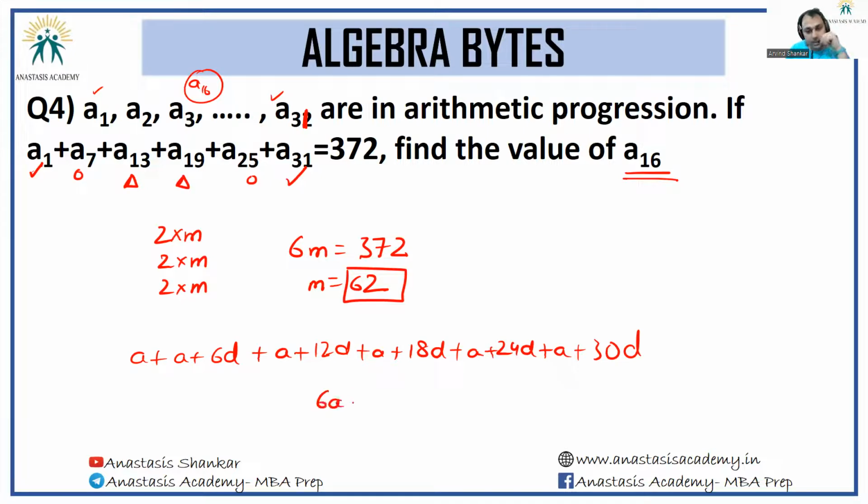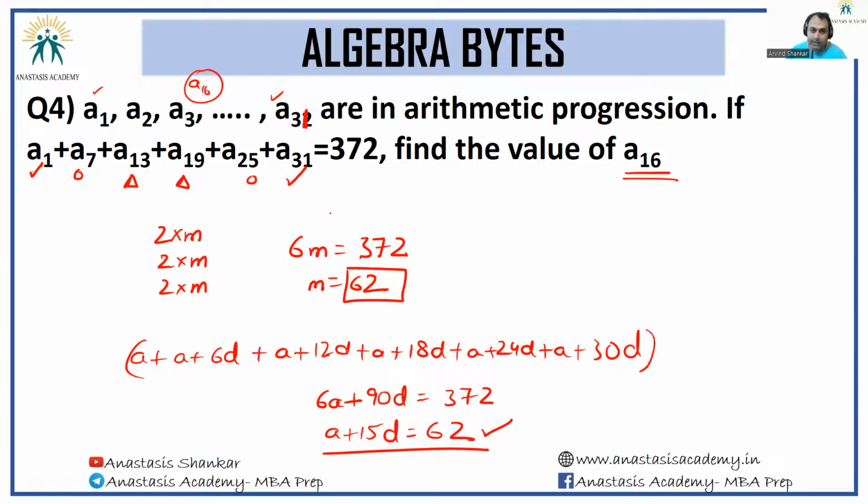So 6A plus 90D, you will add it up, you will get 6A plus 90D is equal to 372. So if I divide every term by 6, A plus 15D will be equal to 62. So this is the 16th term. This processing is not really needed if you know A16 is the middle term.